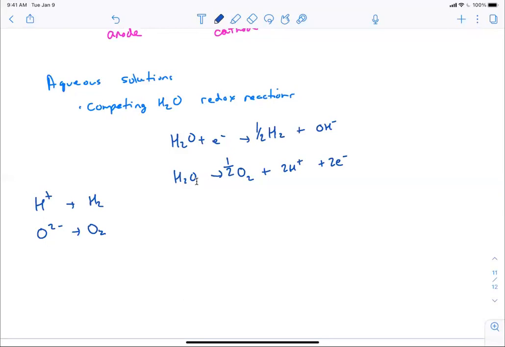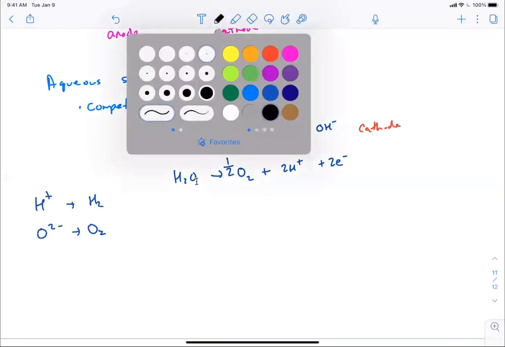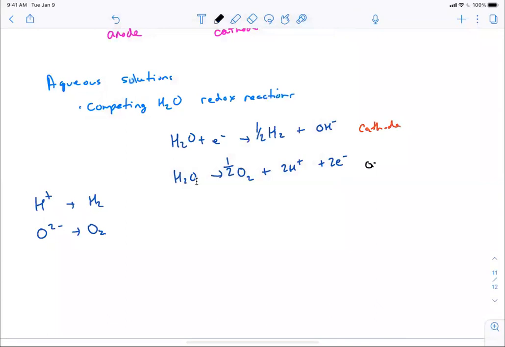So the idea is that you have the cathode and the anode. So in a lot of aqueous solutions, the cathode could produce H2.